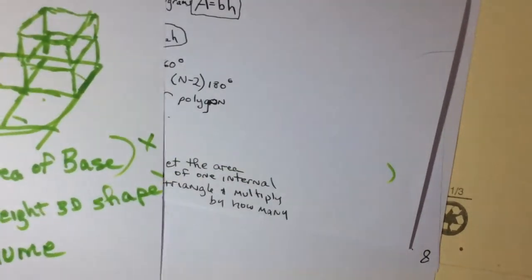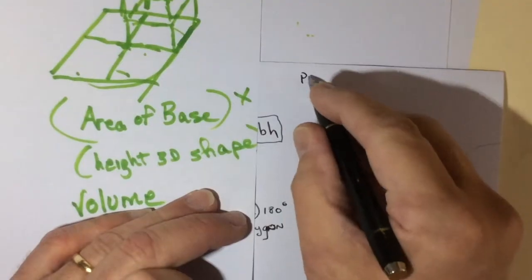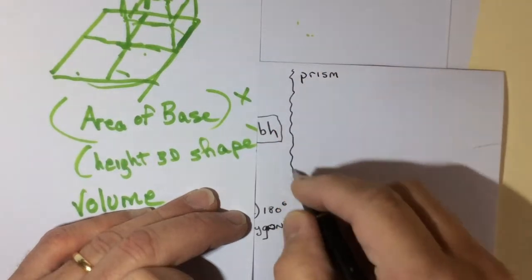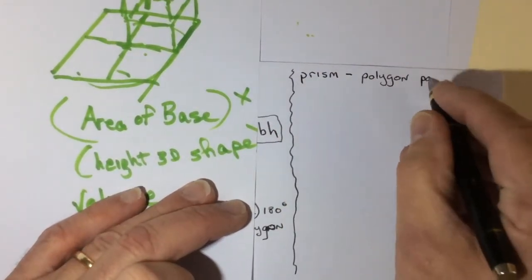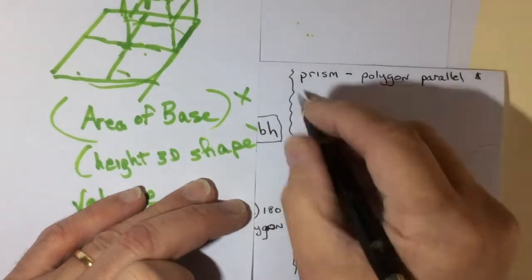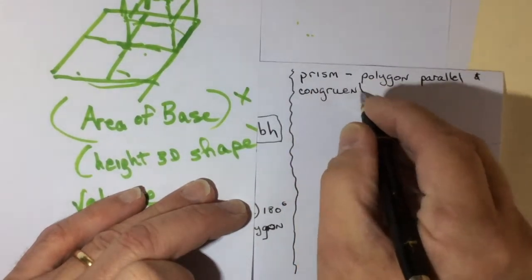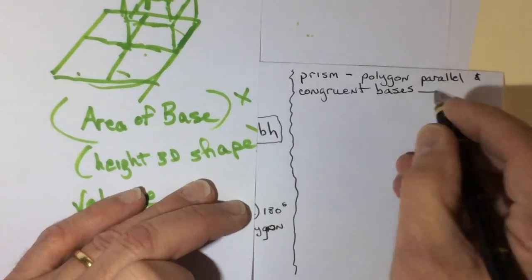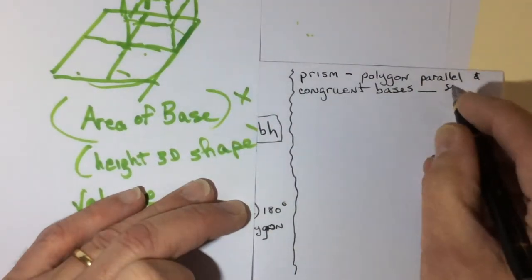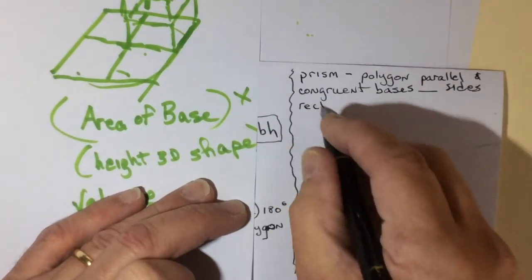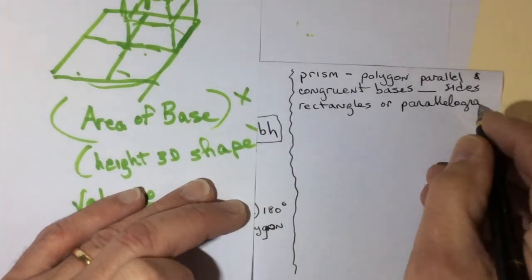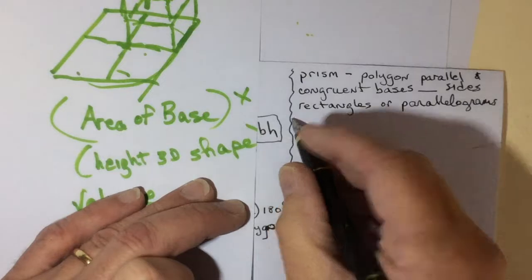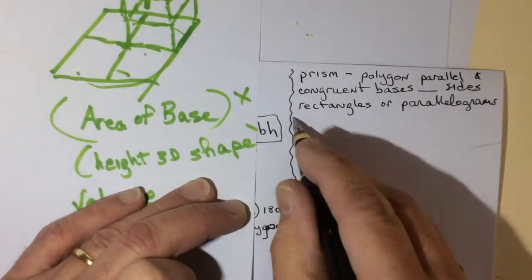So let me write that over here. That's called a prism. Prism has polygon bases that are parallel and congruent. And then for sides along the outside, the sides are made up of rectangles or parallelograms, one for each side of the base.